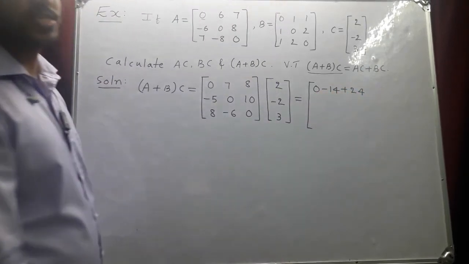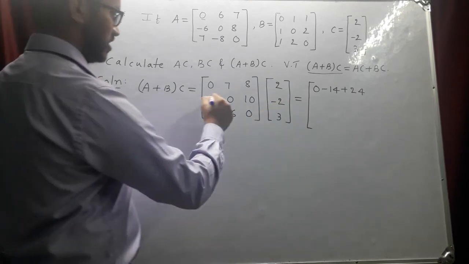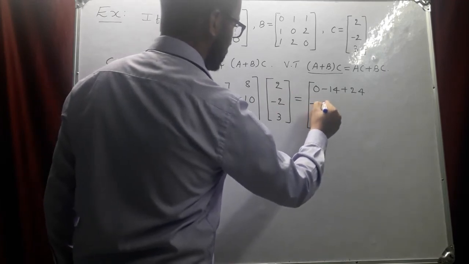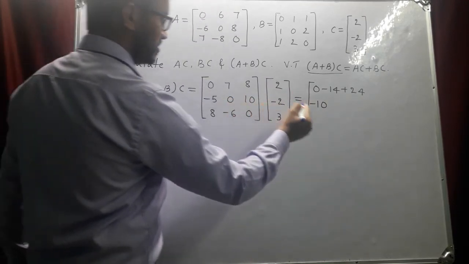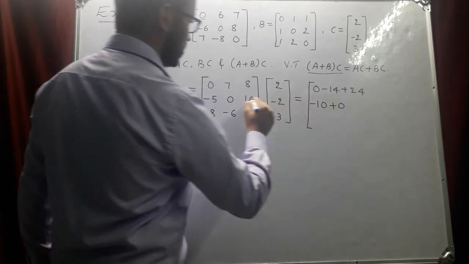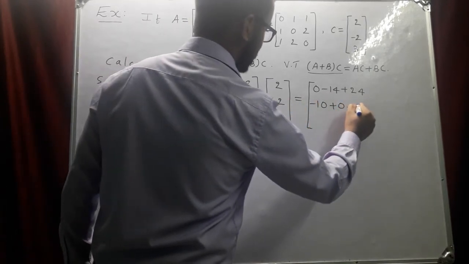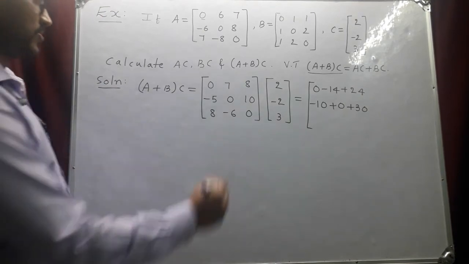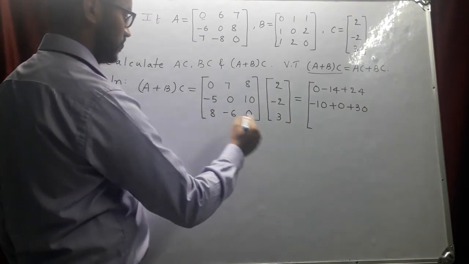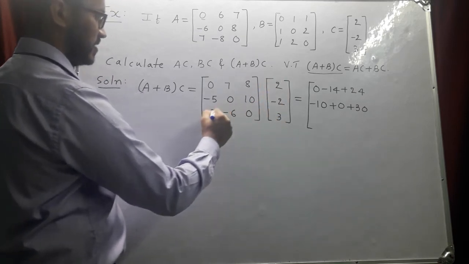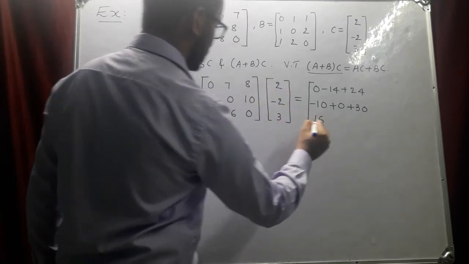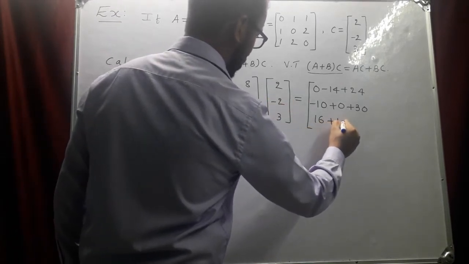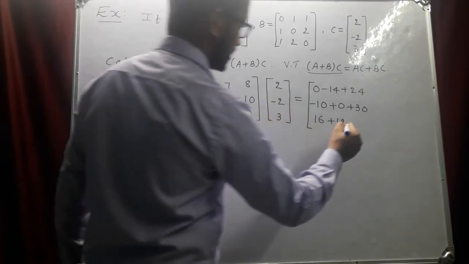So we got the first row. To get the second row, first column, minus 5 into 2, minus 10, 0, plus 30. We got the second row. Next, third row with first column, 8 into 2, 16, minus 6 into minus 2, that is plus 12. 0 into 3 becomes 0.